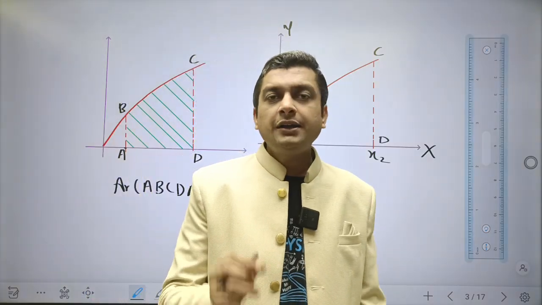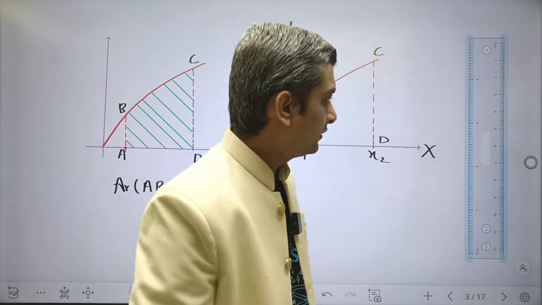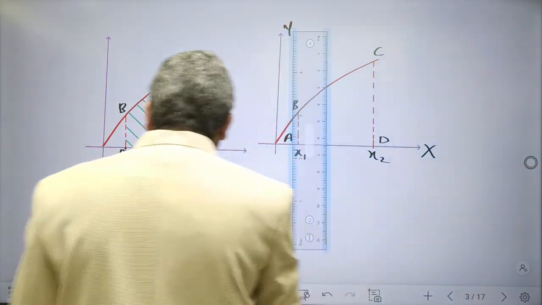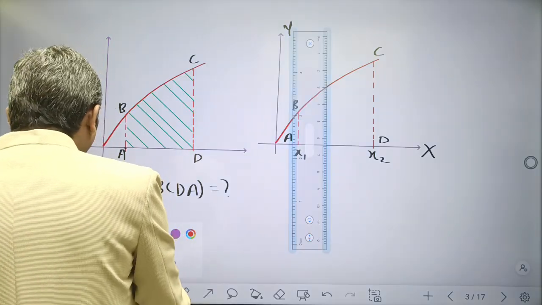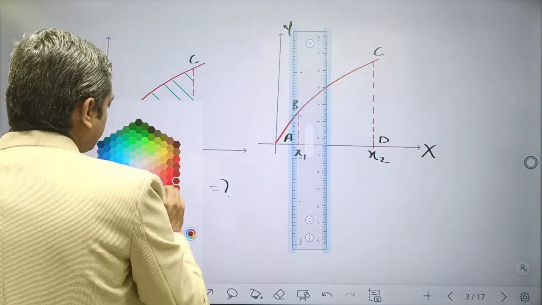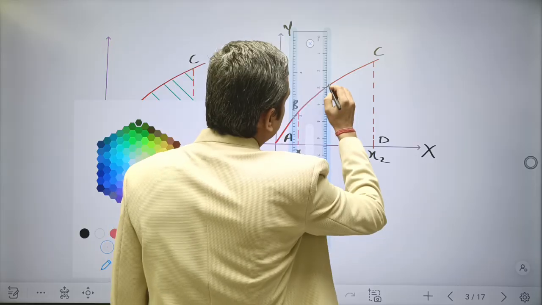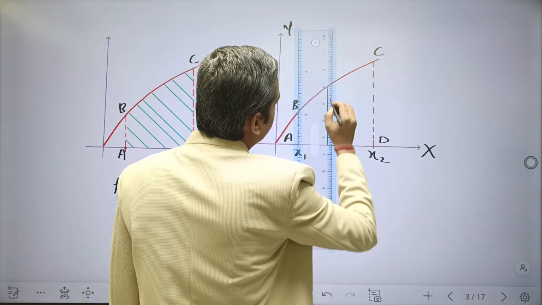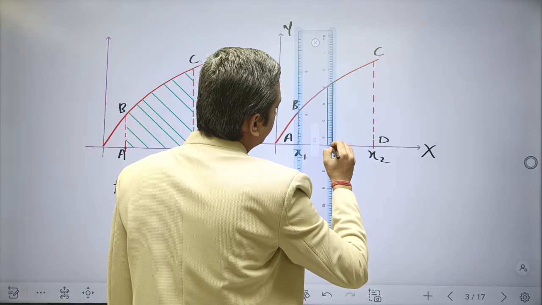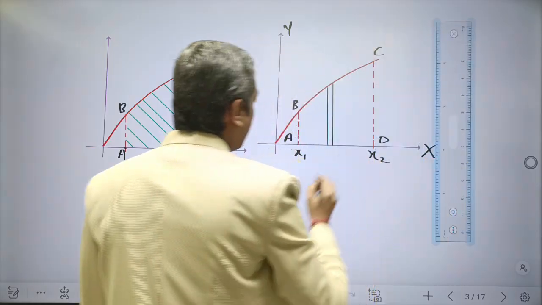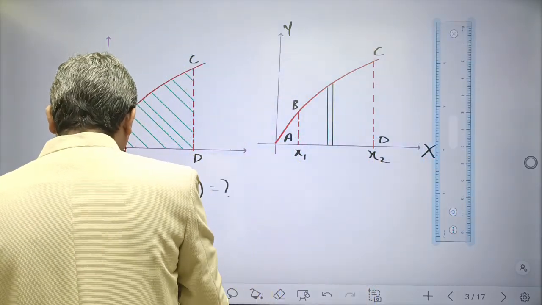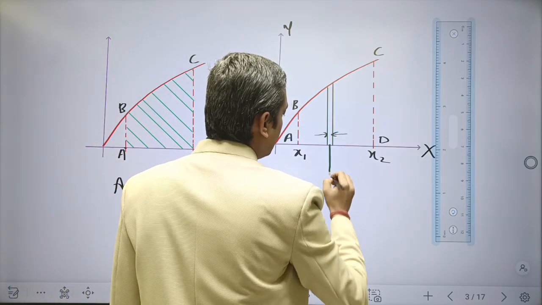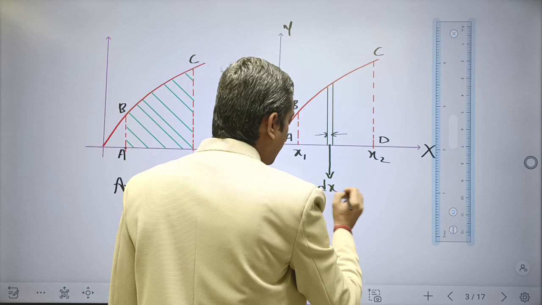of infinitesimally small width. So take an elementary strip of infinitesimally small width, very small width. I'm taking it. Let us suppose this is the elementary strip, very small, and the gap of this elementary strip, that is its width, is given by dx.